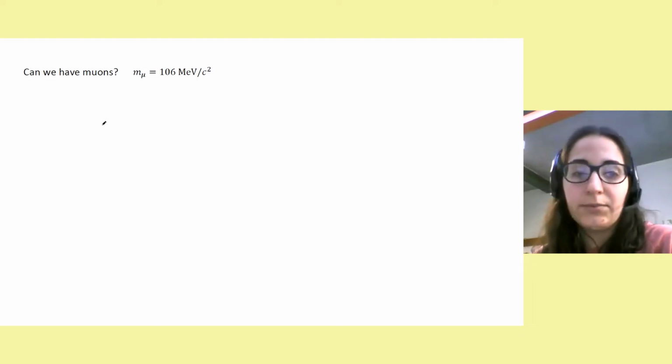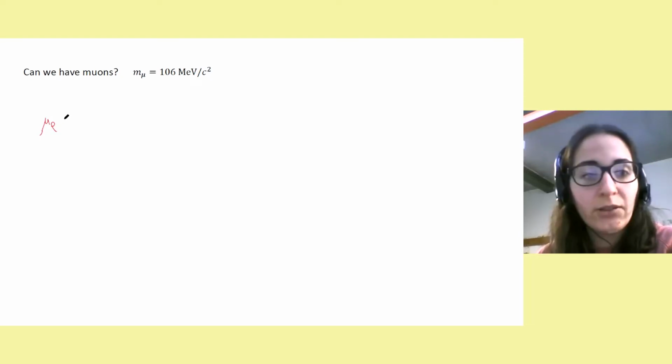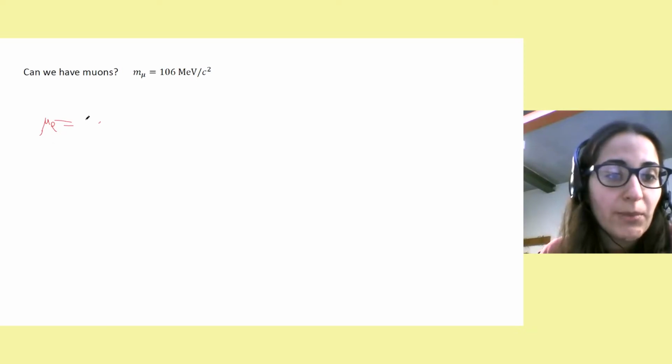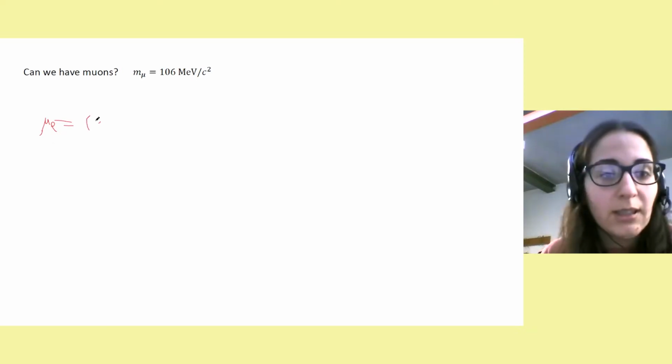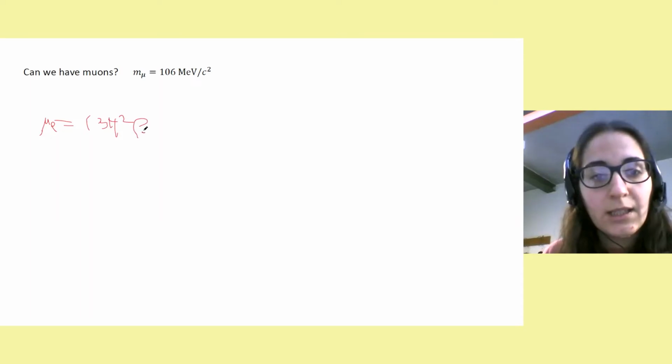So what do you think? So we saw that the chemical potential of the electron, okay, sorry, I'm doing this with the mouse and it's a bit complicated, was given by (3 pi squared times the electron density) to the 1/3.